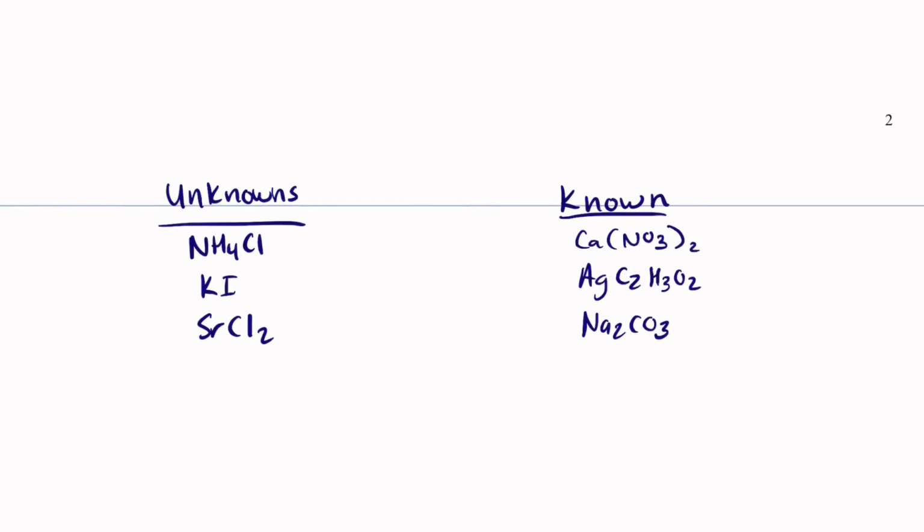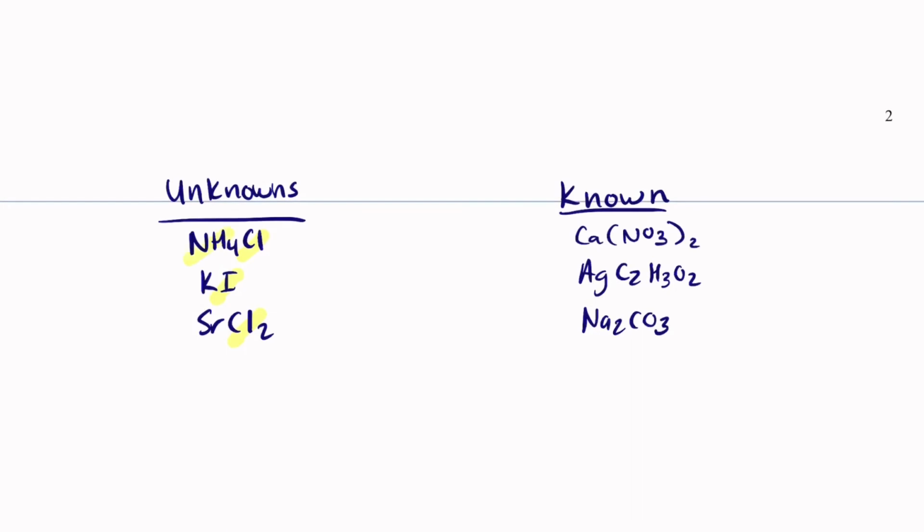And what I'm going to do is I'm going to try to look at my solubility rules, and I'm going to notice that we have chlorides and iodides, and those both follow rule number 3. Okay, and then we have ammonium and potassium. Those follow the same rules.